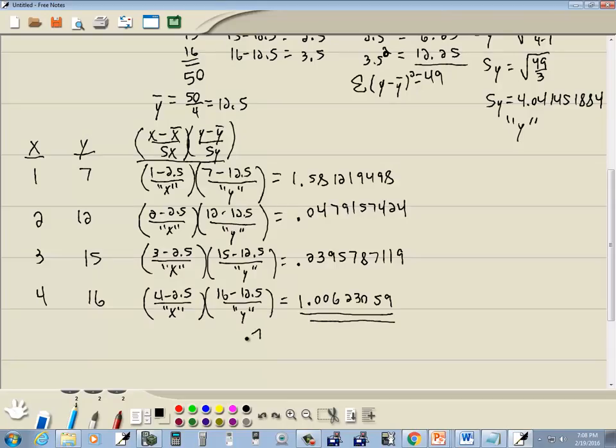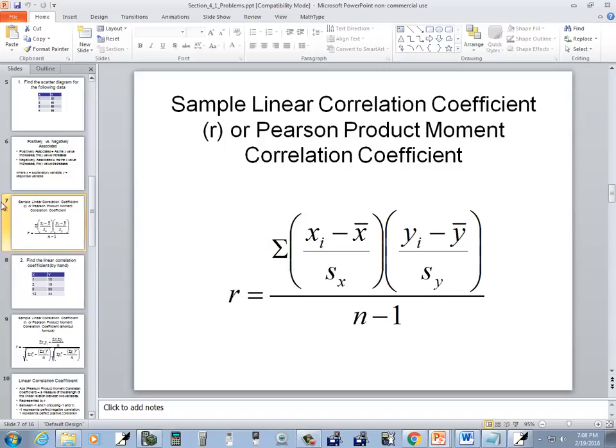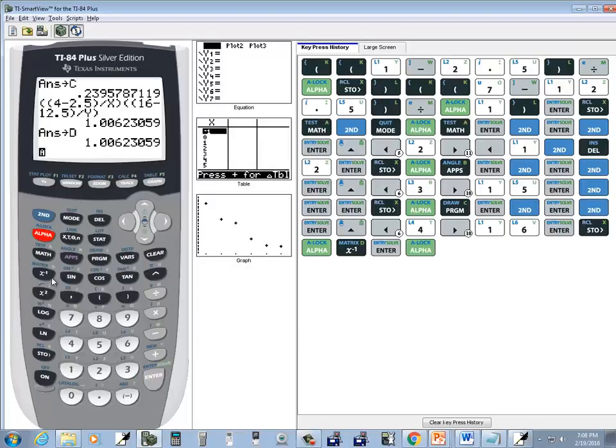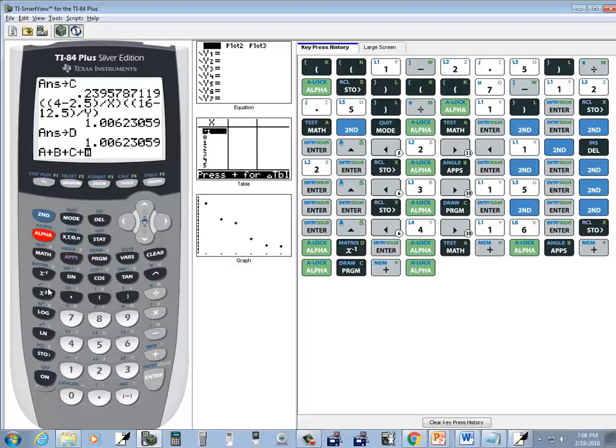I've stored those respectively in A, B, C, and D. So I simply just have to add those up in my calculator. So I'll do alpha A plus alpha B plus alpha C plus alpha D, and press enter.